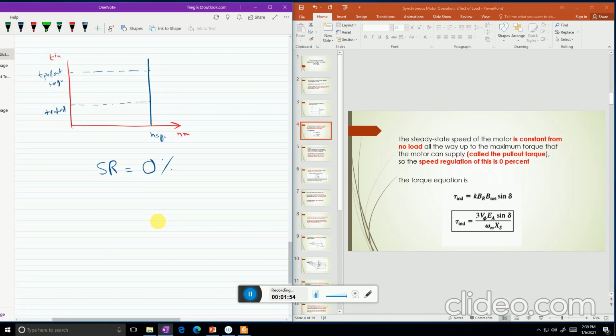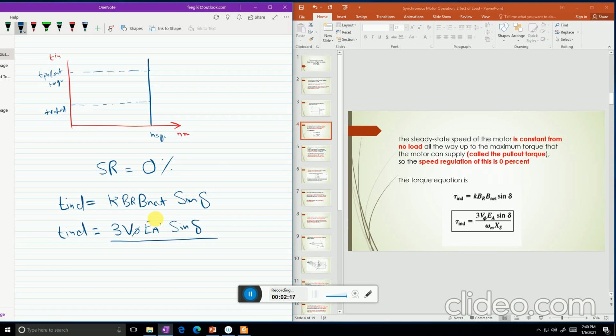Further, we already know that the torque induced is equal to K B_R cross B_net, or K B_R B_net sine delta, and in electrical terms the torque induced is equal to 3 V phase E_A sine delta over omega_m X_S.